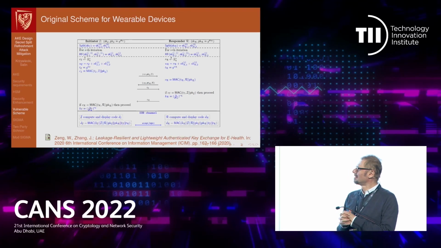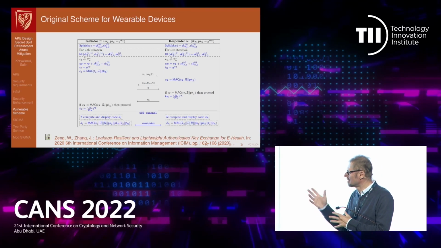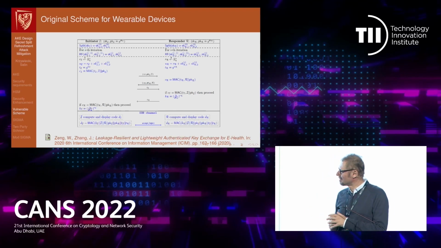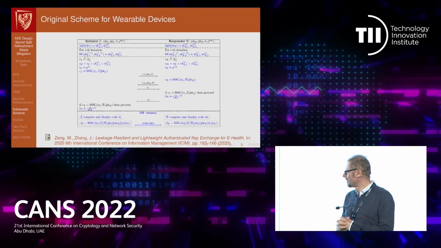Also, the parties are using MACs just to authenticate those computations. And also the parties are using something which is called an out-of-band channel. It's just an additional visible confirmation for the user.